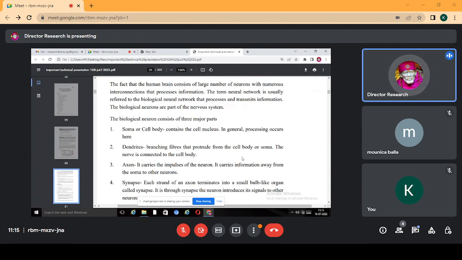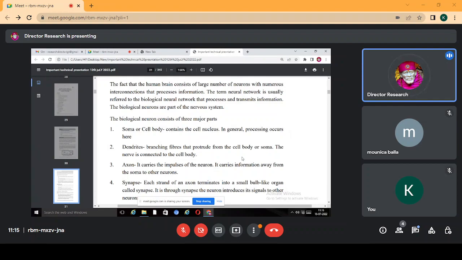The biological neuron consists of three major parts. Soma or cell body contains the cell nucleus. In general, processing occurs here only. Dendrites are branching fibers that extend from the cell body or soma. The nerve is connected to the cell body.